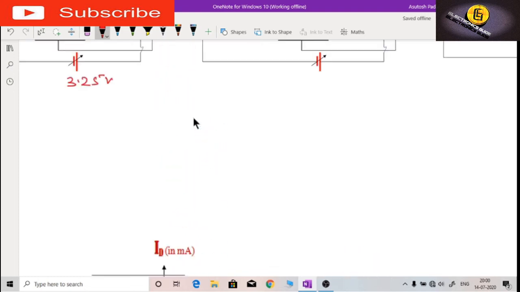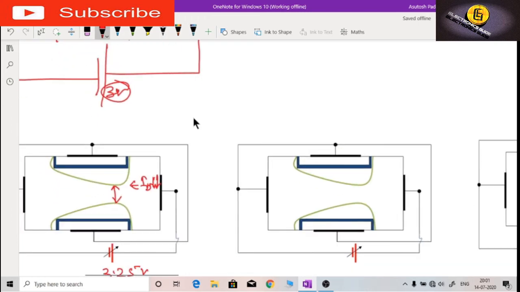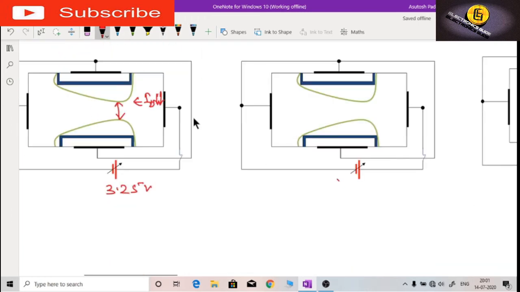Now, if we are further increasing the VDS value from 3.25 to 3.5 volt, the tapering increases, due to which resistance through the channel will increase, making ID lesser.